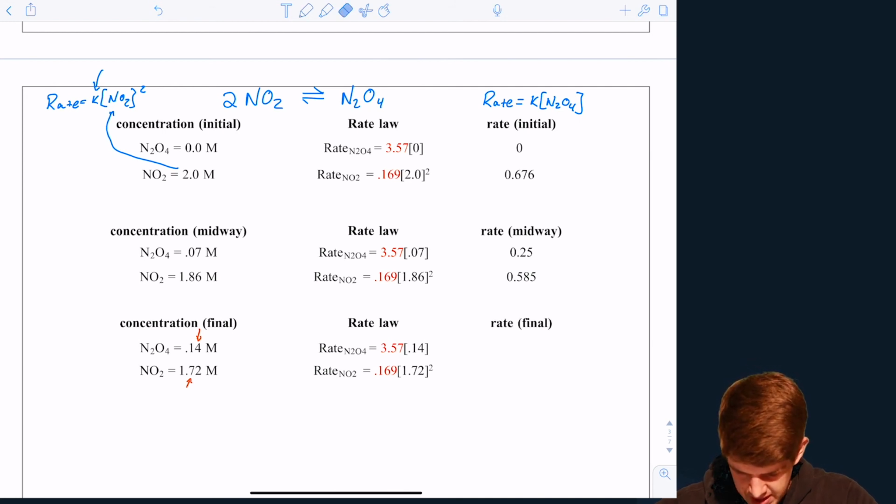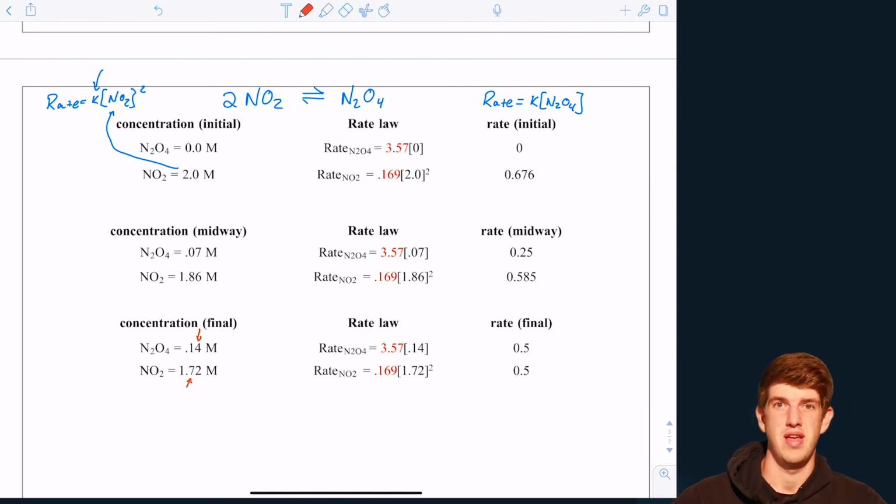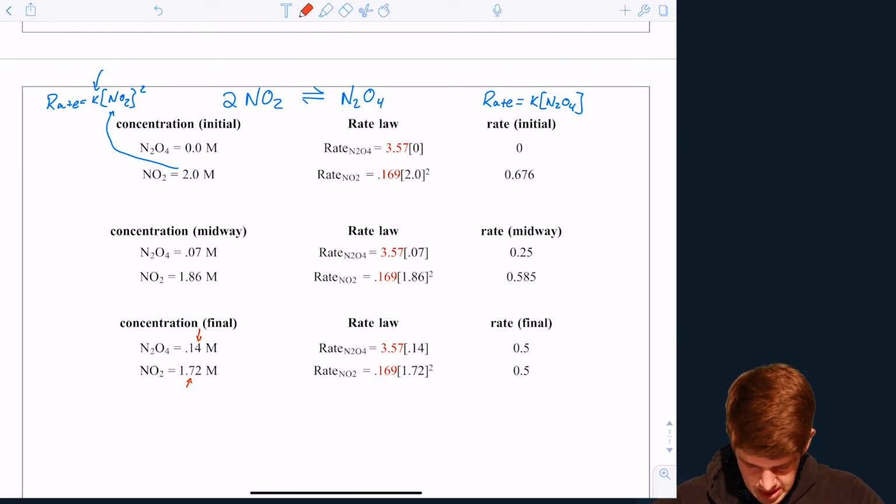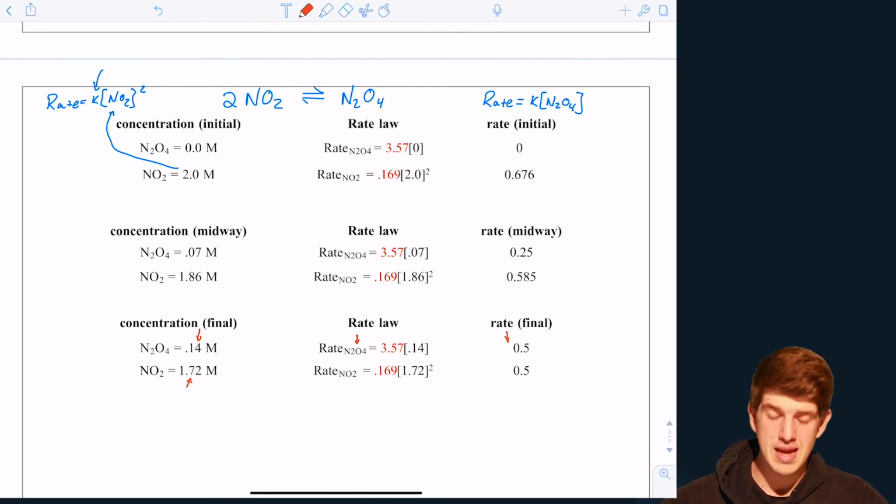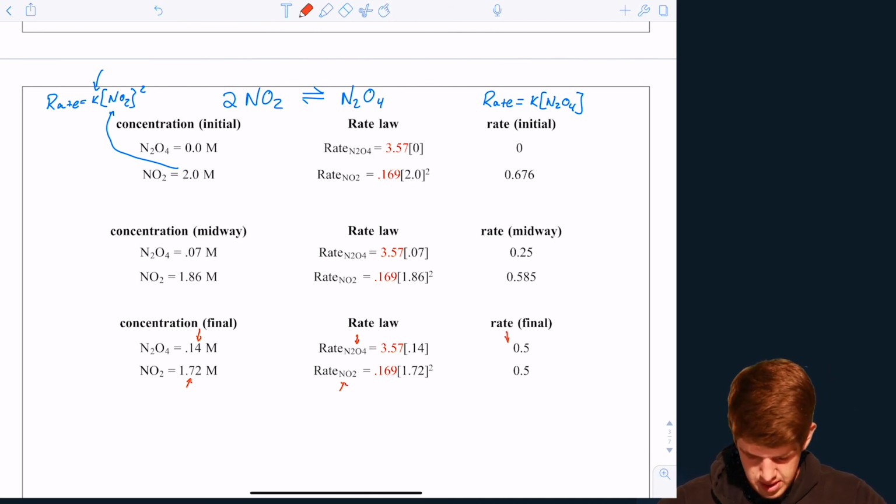And the final rates are equal to each other. Now that's interesting. This is our equilibrium point. The rate that N2O4 right here is turning into NO2, 0.5, is the same rate that NO2 is turning into N2O4.